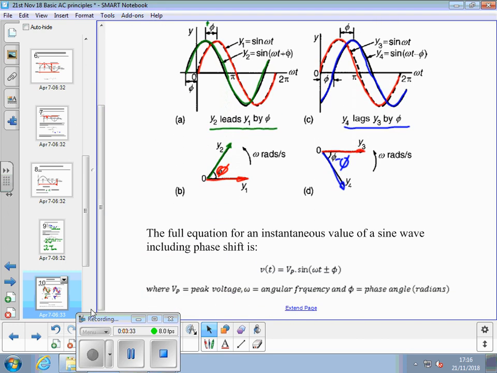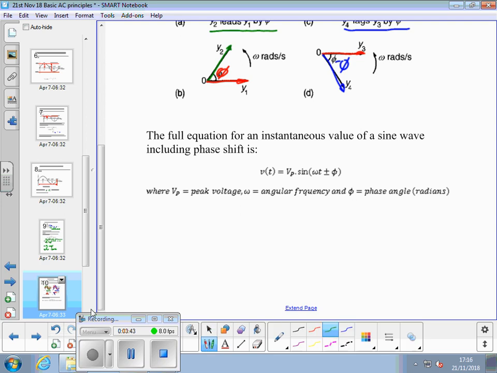So this means that the full equation for an instantaneous value of a sine wave, including phase shift, is, and I'm going to write that out a little bit bigger, little v at time t is equal to the peak voltage times the sine of, open brackets, omega t plus or minus a phase angle theta, which could be in radians or degrees.